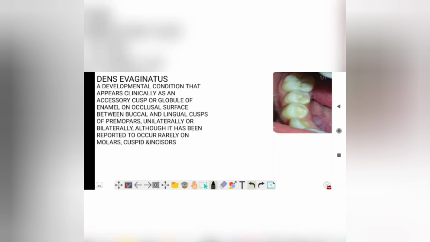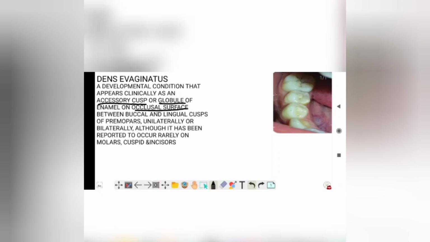It is a developmental condition that appears clinically as an accessory cusp or globule of enamel on the occlusal surface between the buccal and lingual cusps of premolars, unilaterally or bilaterally, although it has been reported to occur rarely on molars and cuspids. First, it occurs on the occlusal surface and appears as a globule or an accessory cusp.